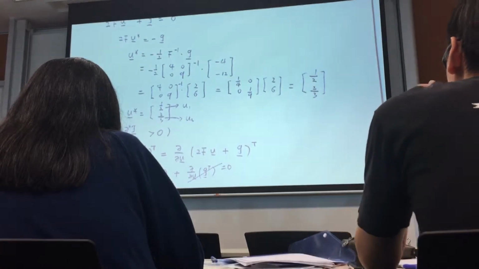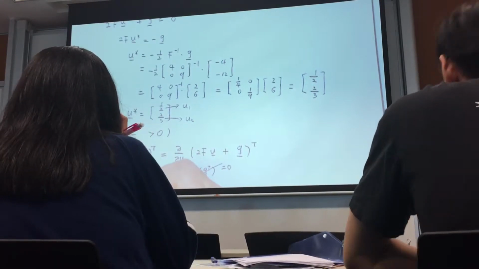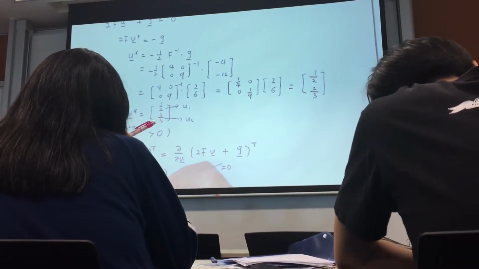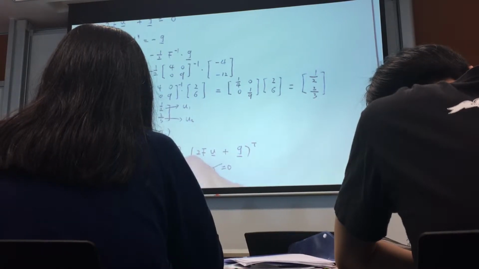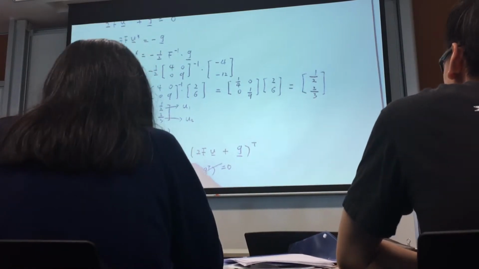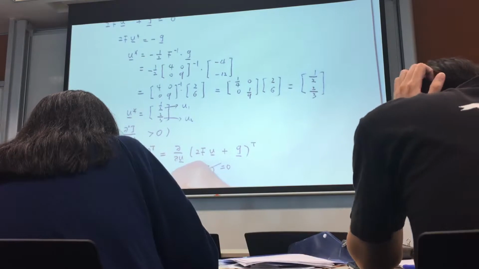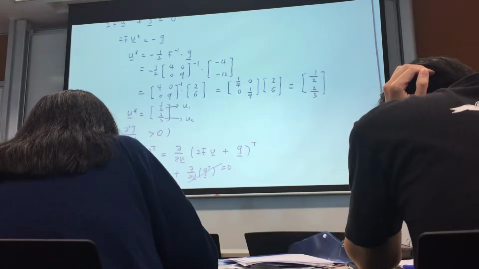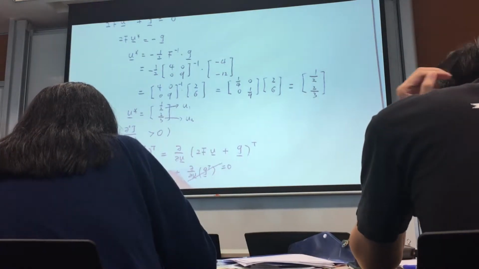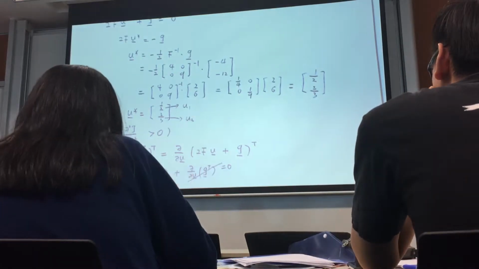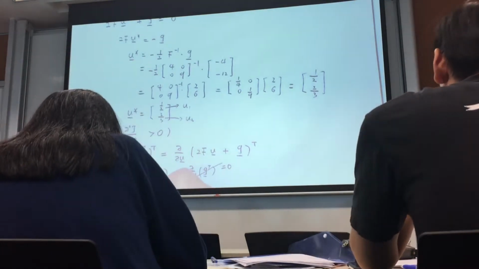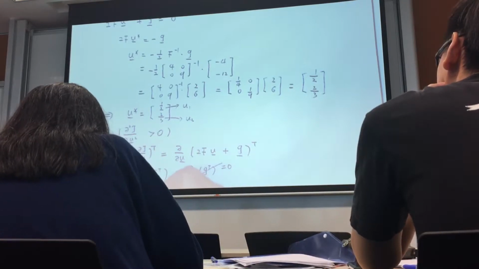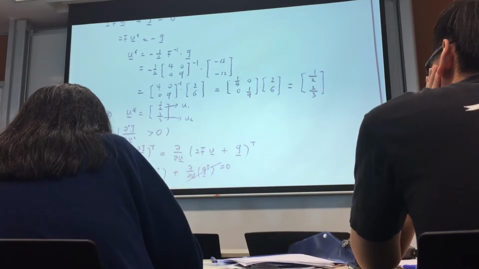For the first one, we know this du transpose du will become the identity matrix. So this becomes 2 multiplied by the identity matrix, multiplied by F transpose.